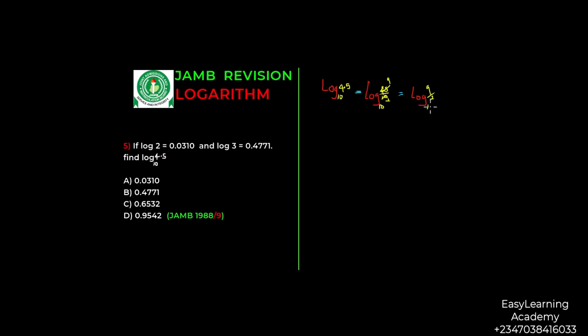So we've been able to change the log we had here, 4.5 base 10, to this fraction. Now we keep simplifying this, obeying the law of logarithm. Log 9 over 2 base 10 can be written as log 9 minus log 2. Since we are given log 2 and log 3 in our question, we don't have log 9, so we can't substitute.